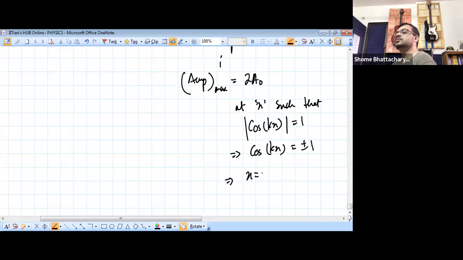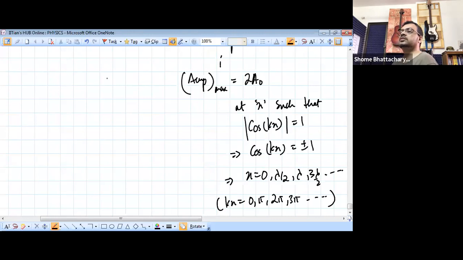So x is equal to 0, lambda by 2, lambda, 3 lambda by 2, so on, because that means that kx is equal to 0, pi, 2 pi, 3 pi.